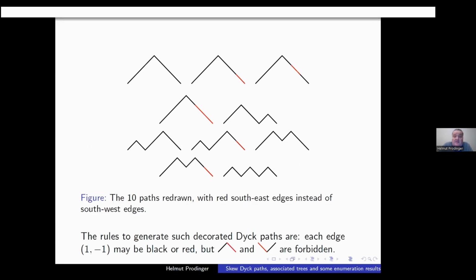What are the syntactic rules that we have to observe? An up step cannot be followed by a red down step, because that would be going up and going back, and this we don't want. Similarly, if we go left and then immediately up, this is also forbidden. But otherwise, I think this notation is a little bit more intuitive.